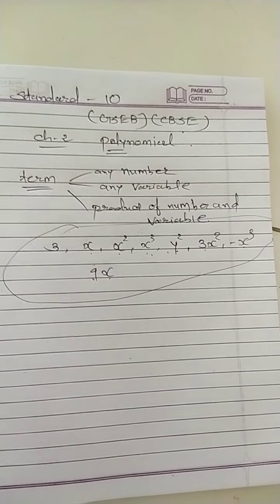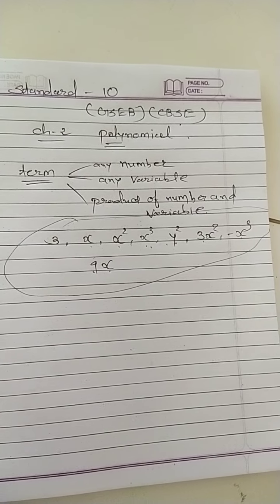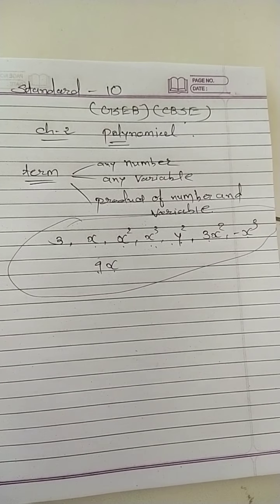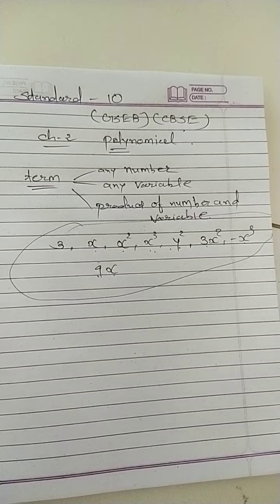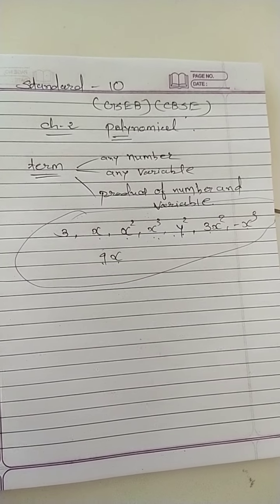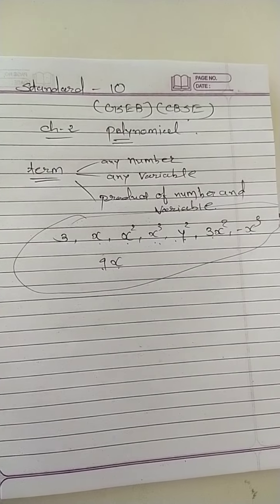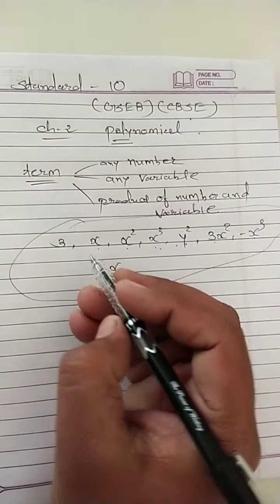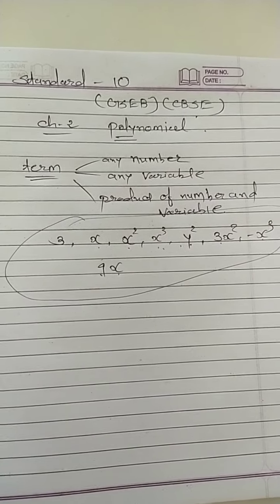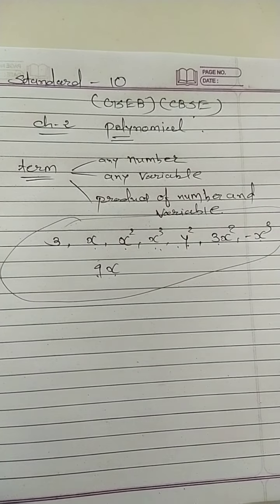Now what is polynomial? Polynomial, as I told you, means many terms. What does many terms mean? It means algebraic expressions of terms. Algebraic expressions means addition, subtraction, multiplication, or division of terms, two or more terms.